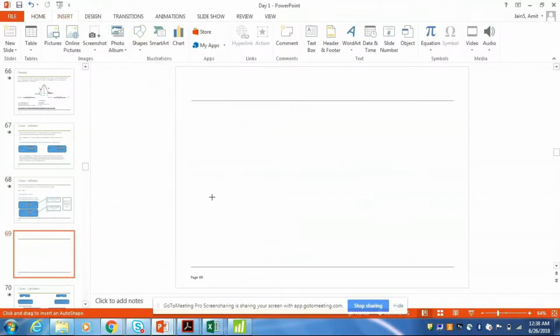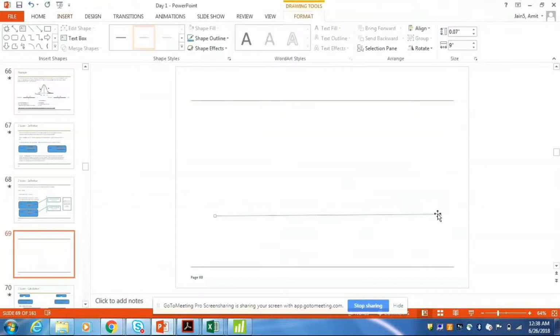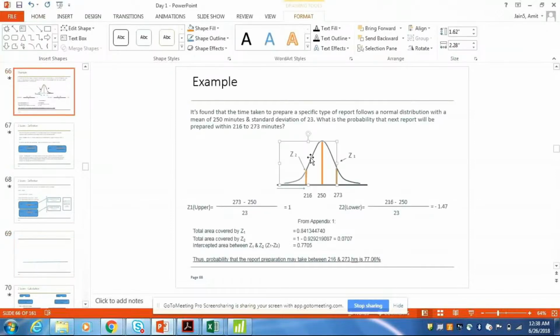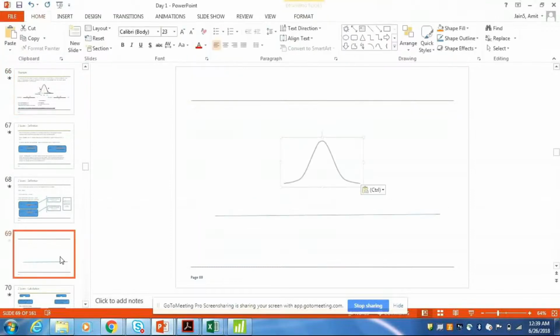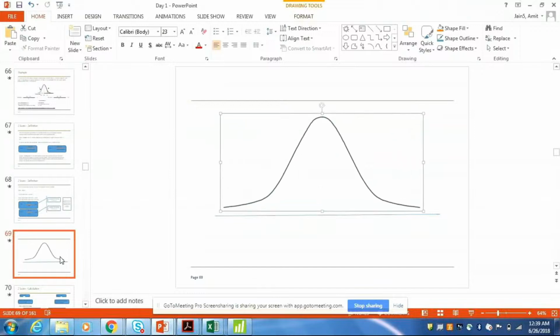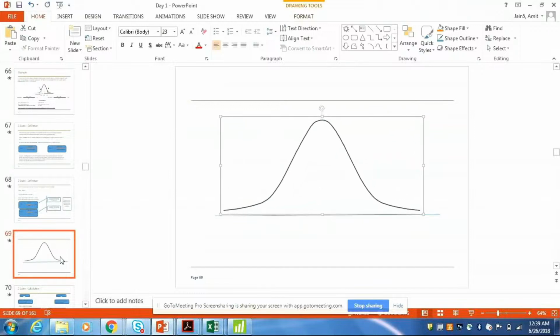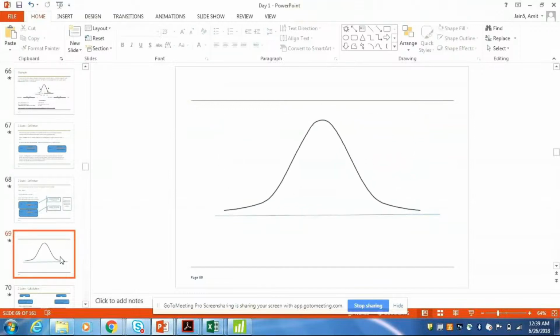What we are saying is, let's say this is a process where there's a bell curve.